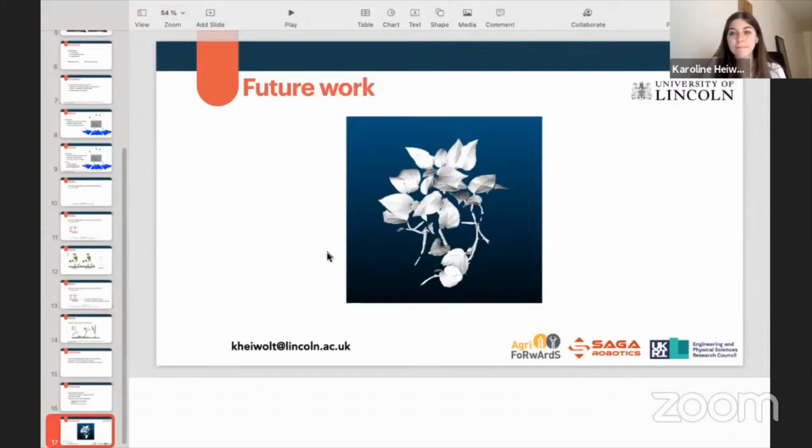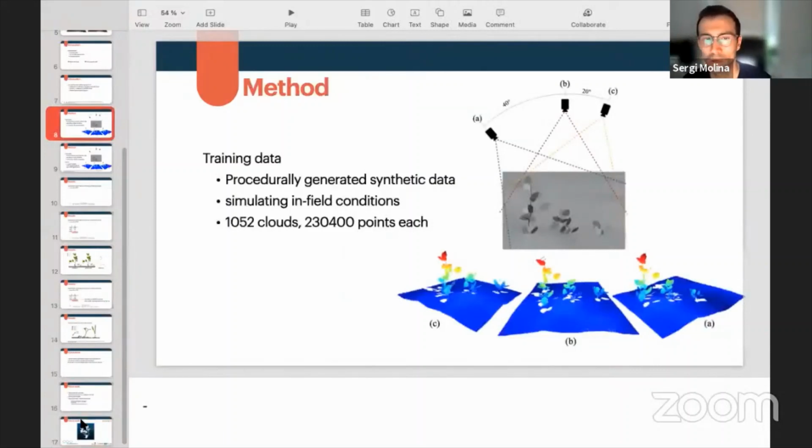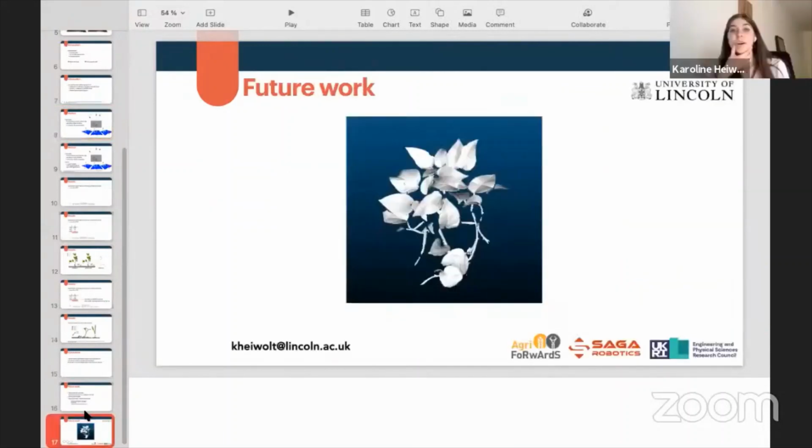Mm-hmm. Now, yeah, we still have 2 minutes. Lorenzo Jamone asks, what is the average quality and density of the point clouds that you can get in your specific real world scenario? For example, how many points for each plant or leaf? Oh, yeah, that's a really good question. So I can tell you what we simulated, but in the real world, as I said, I've just received the new sensor equipment last week, and we're just testing it out now.